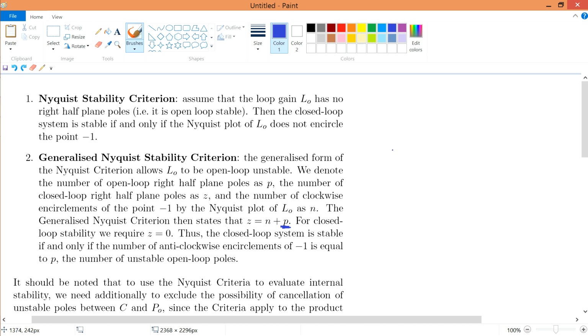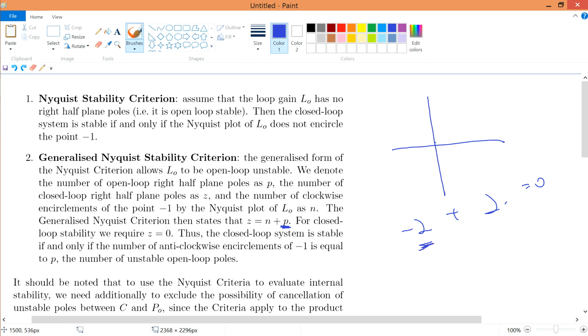And therefore you can allow your CP, your closed loop gain, to encircle minus 1 two times, ensuring that it's anti-clockwise. I think you get what I mean already, because if it's minus 2 plus 2 poles, then it equals 0.